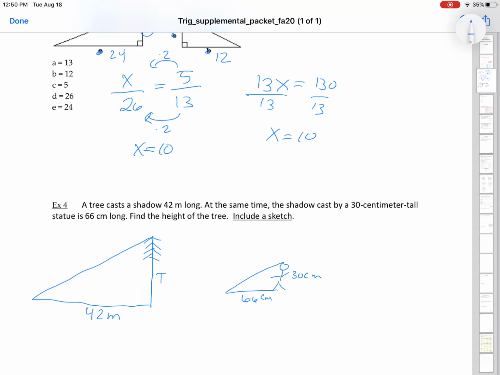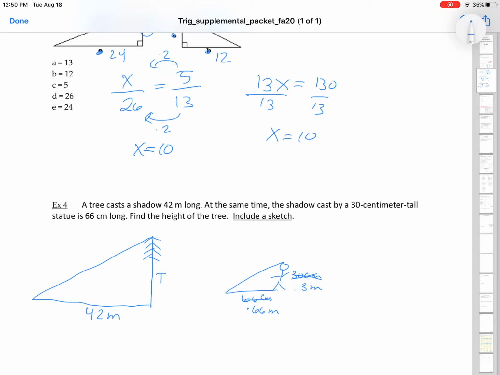Now, it would be best to convert these. 66 centimeters is not even 1 meter yet. A centimeter is a hundredth of a meter. And so 66 divided by 100, I'm going to change these out to 0.66 of a meter. And this would be 0.3 of a meter. That might be better that they all have the exact same units.